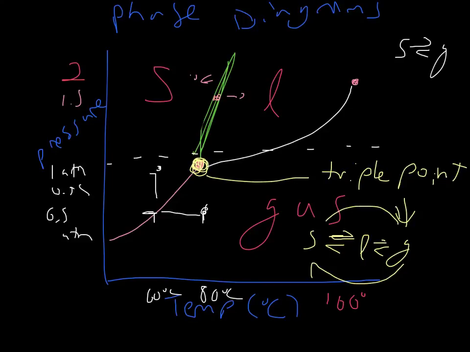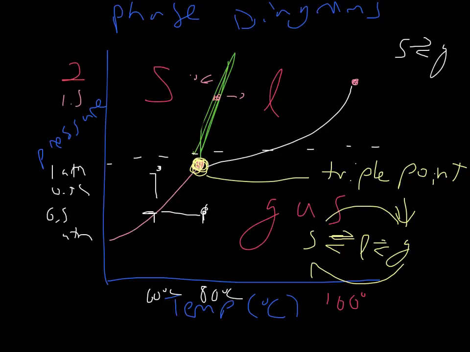This is all happening in perfect equilibrium. So the substance is going to be equal amounts solid, liquid, and gas, because it's all phase changing as fast as molecules are changed to it. So pretty crazy point on the graph.